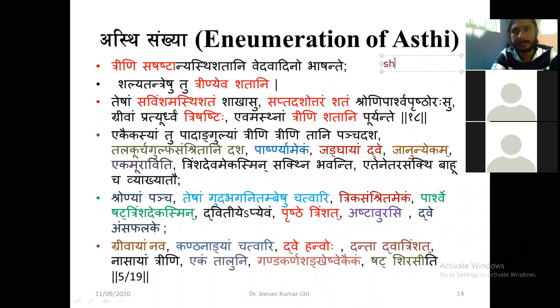In the sakha there are 120 bones. Sabimsam satam means 100 and 20, that is 120. Then saptadasottaram satam sroni parsva prishthorasu means the remaining 117 bones are present in the sroni, parsva, prishtha and urah. Urah is the chest region. So directly you can write this as the madhya shareera.